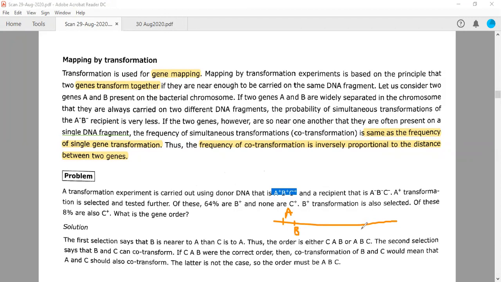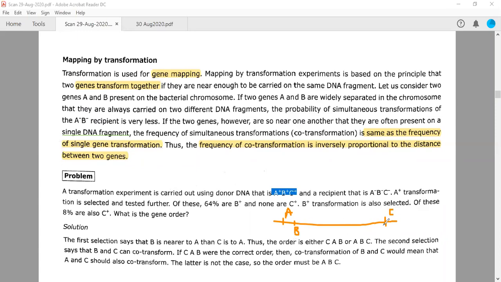C is actually present somewhere distant, therefore it is not coming in the same fragment. The DNA can be broken somewhere in the middle.